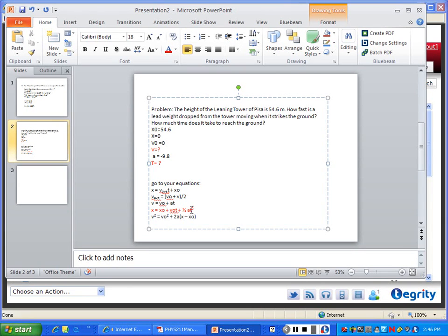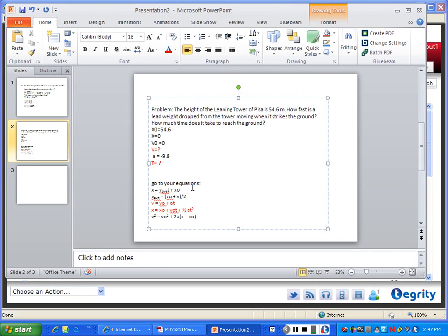The only thing we don't know in there is t, and that's what we're solving for. Once we solve that equation, we've answered the question, what is the time? Then we can come back to the equation right before it. Since we found the time, we could solve that one for the velocity at that time. So that's not too bad.